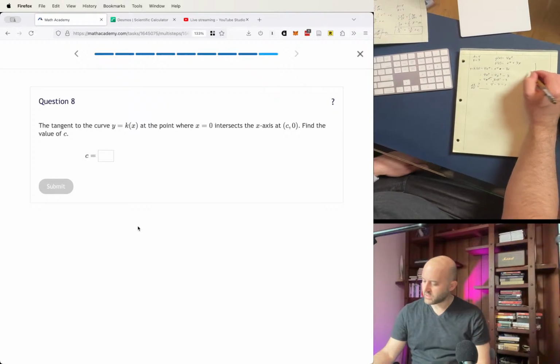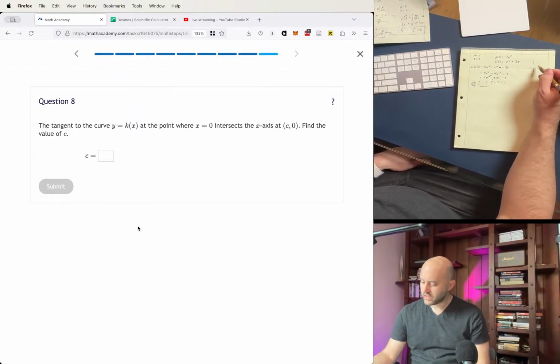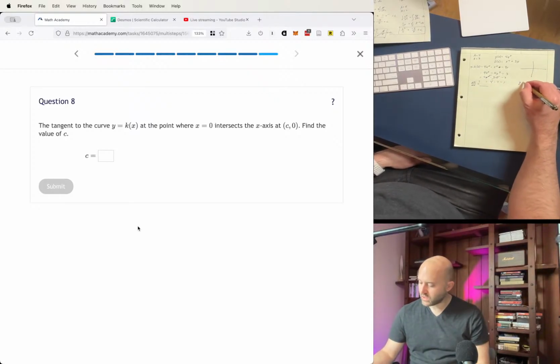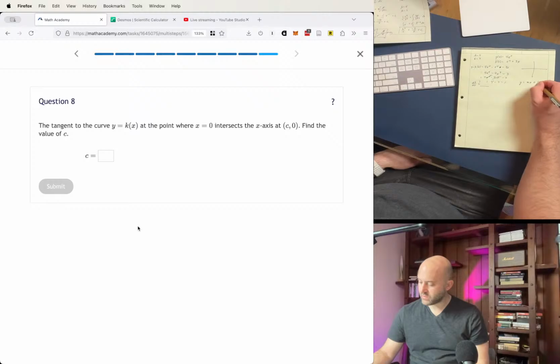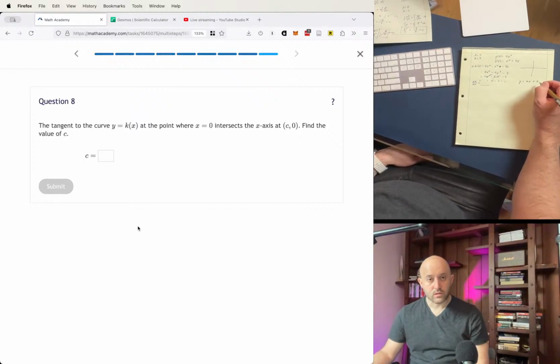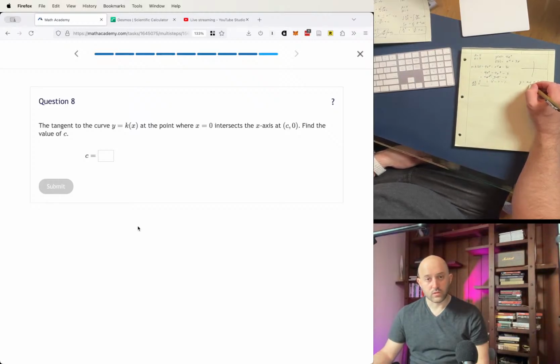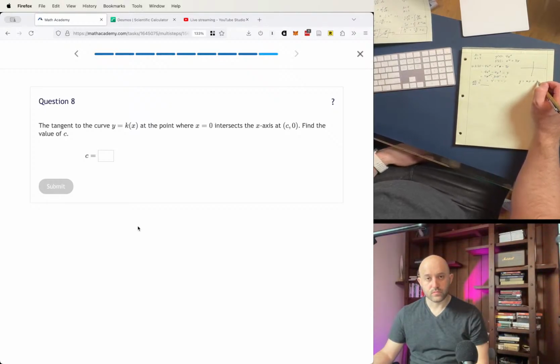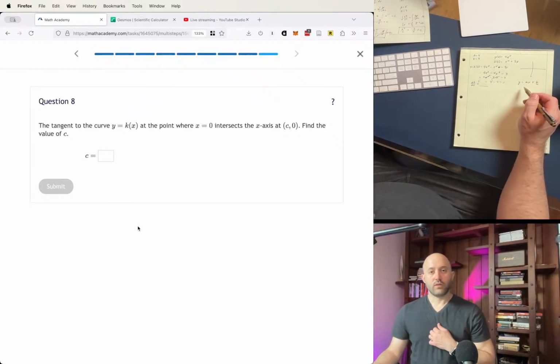Okay, so we've got ourselves the tangent. The slope is 1. So y equals mx plus b. Find the value of c.